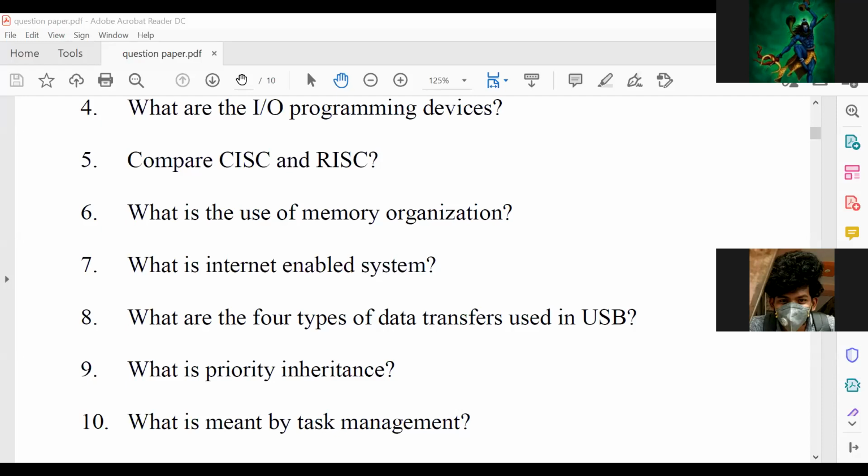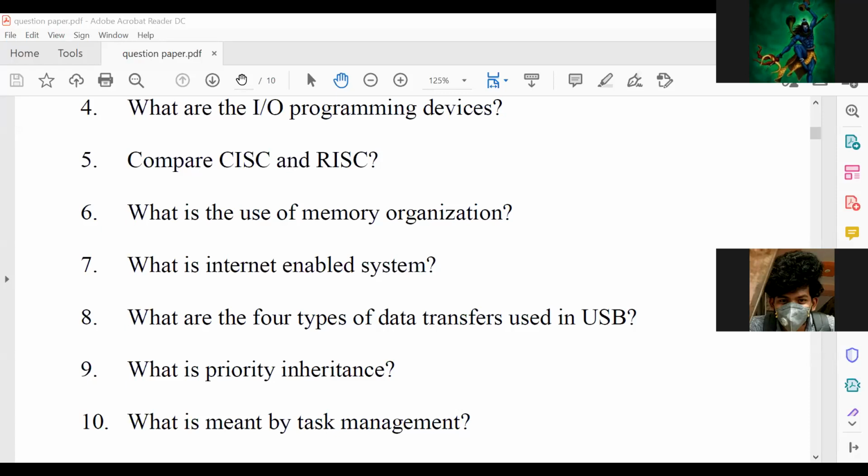Kishan Sango. Kishan Sango. What is internet enabled system? Hey, an 8th standard student can answer this question. Kishan Sango is not responding now. I have already removed Shiva Subramanian, and Kishan Sango, you too.